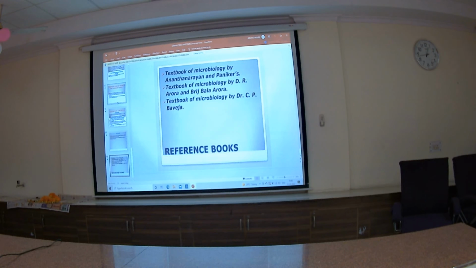The causative organisms responsible for UTI are the gram-negative bacilli and the gram-positive bacilli, and also there is a group of miscellaneous bacteria. Gram-negative bacilli can be E. coli, which is most common. Second in the category is Klebsiella, then is Proteus, Enterobacter, Pseudomonas.